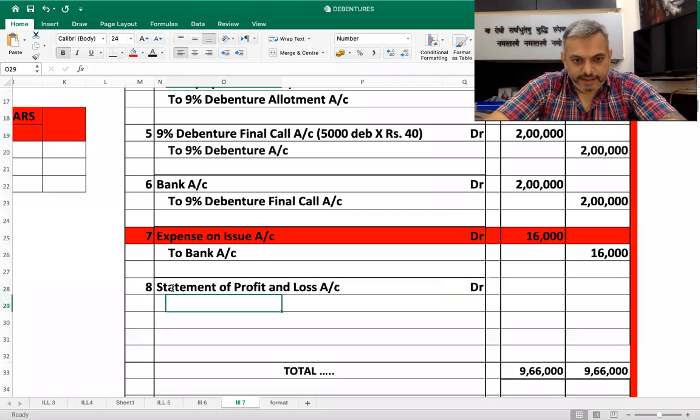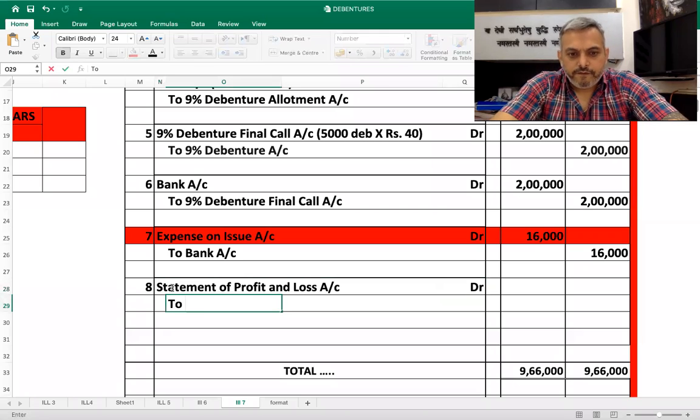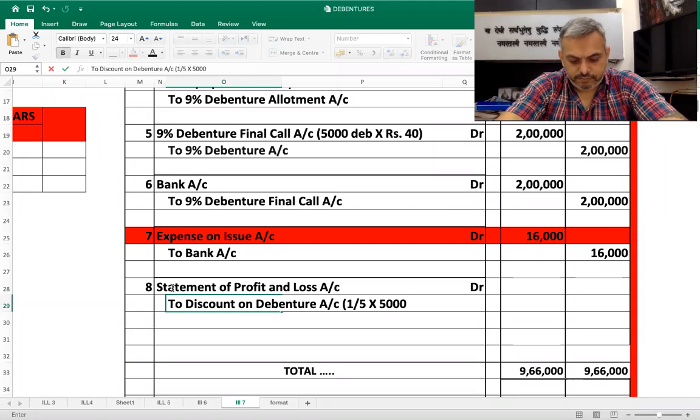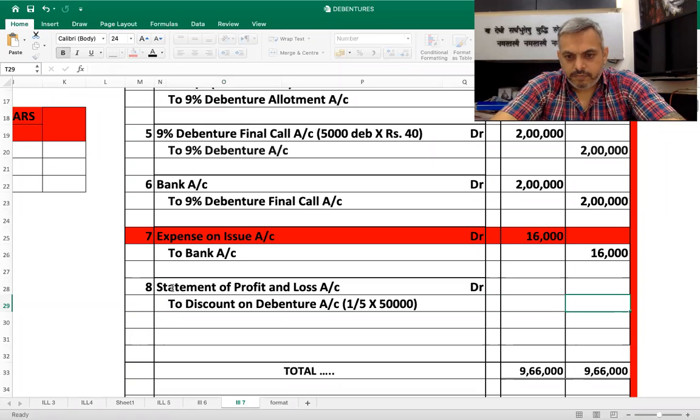We write that later. To discount on debenture account, that is 1/5 into 50,000, that is 10,000.